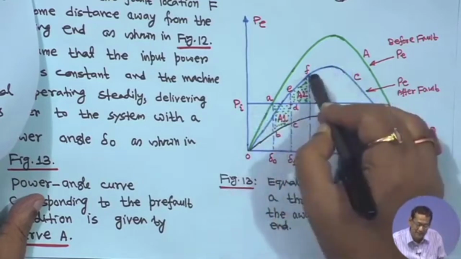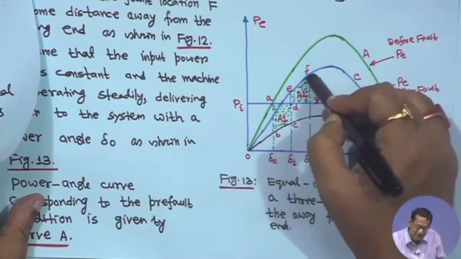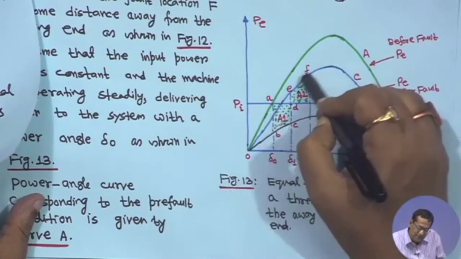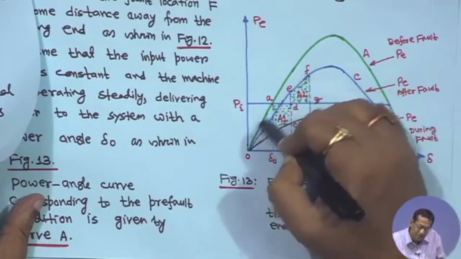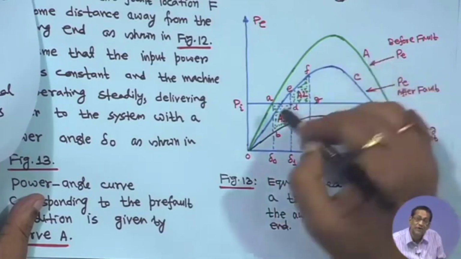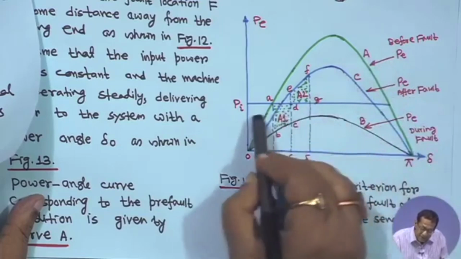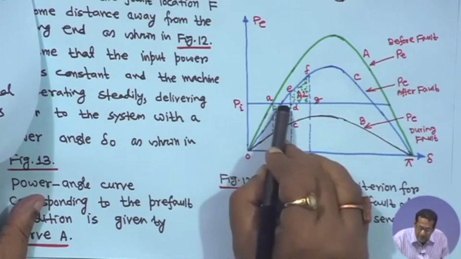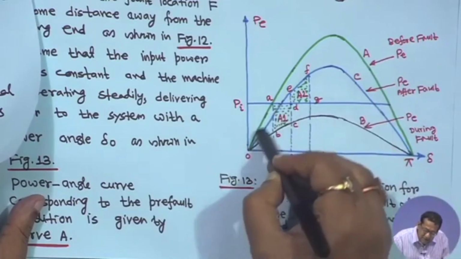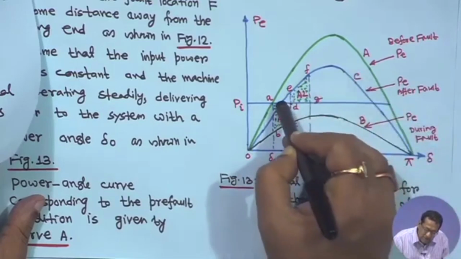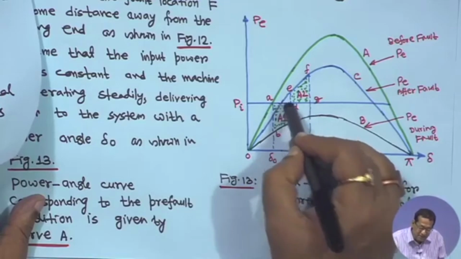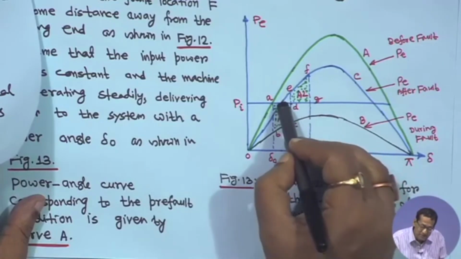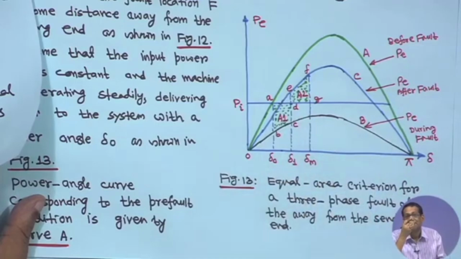So the rotor will oscillate back and forth around this point E. Finally, wherever the intersection of the blue line Pi with the blue curve comes, that will be the final steady state operating point. I have not marked it here with a dot.